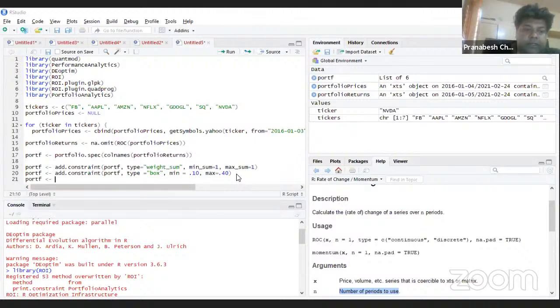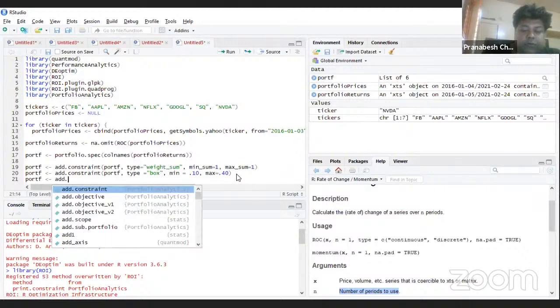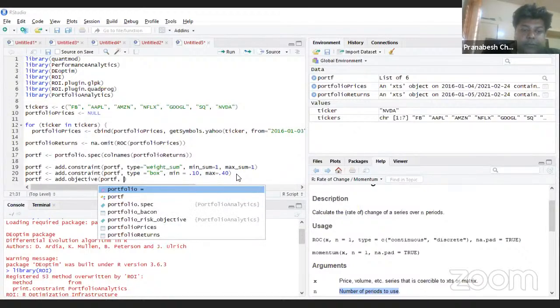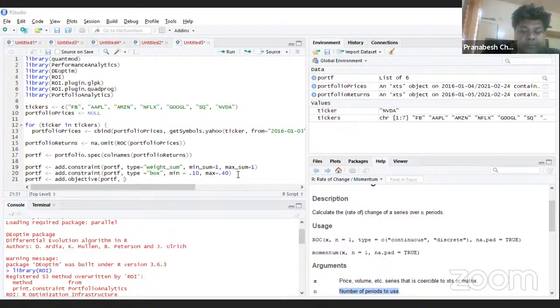Now the next thing I want to do is add an objective function. What kind of objective function do I want to add? Here you see, it is on the returns. The objective function is on the returns, and I want to give something called mean.